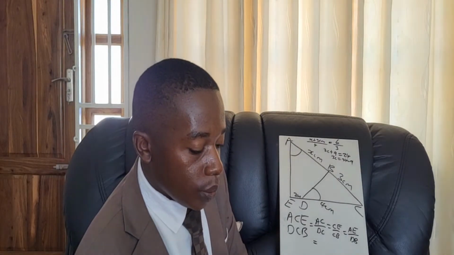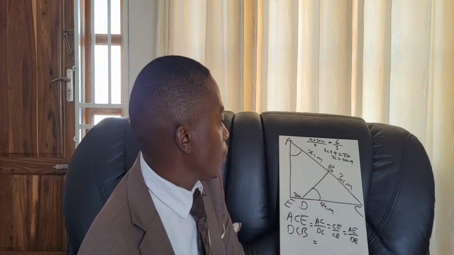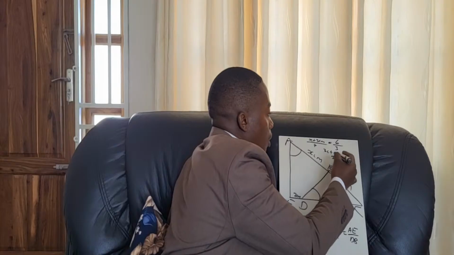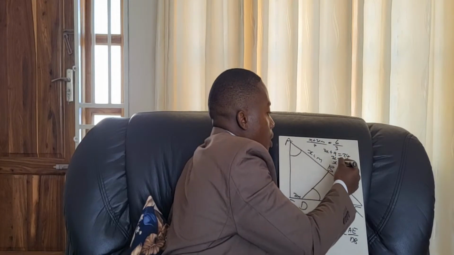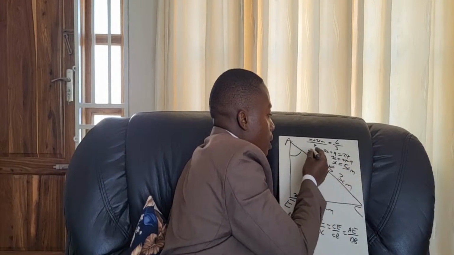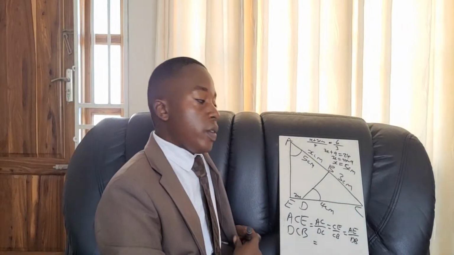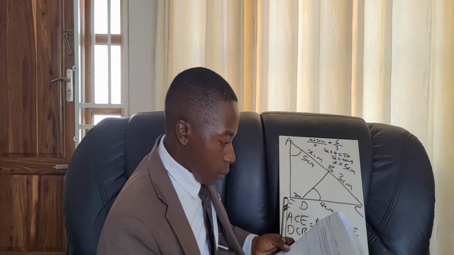So if 24 minus 9 is 15, divide both sides by 3. So x is equal to what? 5 centimeters. 15 divided by 3 is 5. Right, then another question.